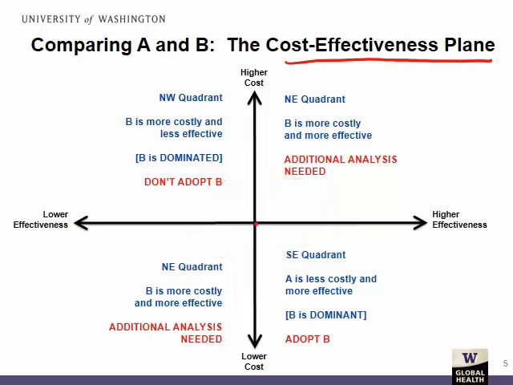In this case we have intervention A, which is the base case or standard of care, and we're comparing to intervention B, and we have 4 quadrants. If you use the compass you can call them the northeast, the southeast, the southwest, and the northwest, and you can use them to describe whether intervention B should be implemented relative to intervention A.